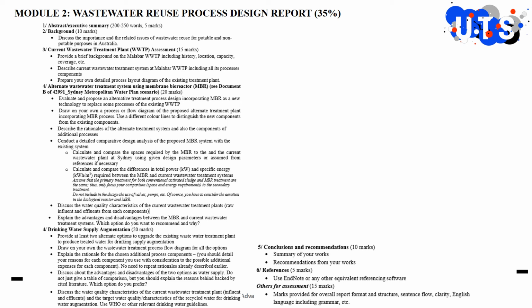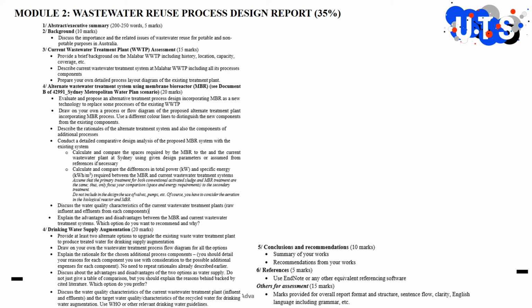Draw your own wastewater treatment process flow diagram for all the options. Explain the rationale for the chosen additional process components. Here you should detail your reason for each component you use, with consideration of the possible additional expenses for each component.